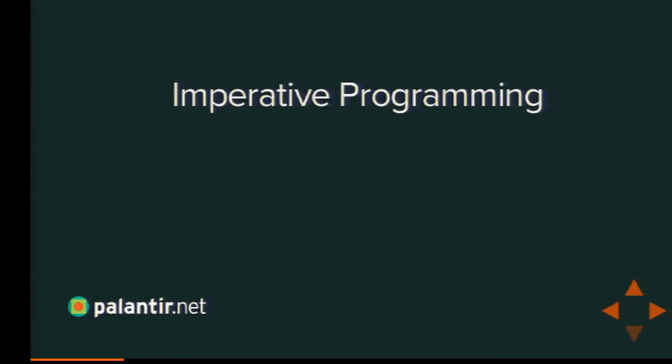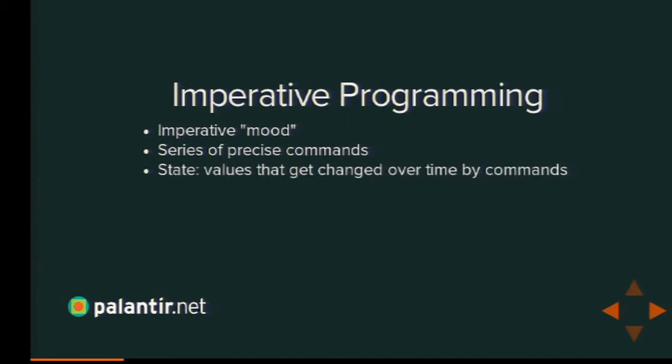And this leads to a concept called imperative programming. This is imperative in the linguistic sense of an imperative mood. Like you're giving commands. Go here, do this, add that, set that, print that. That's what imperative programming is. It's a series of commands, a series of instructions. Very precise commands. Remember, computers are stupid. They only do what you tell them. And it has this concept called state.